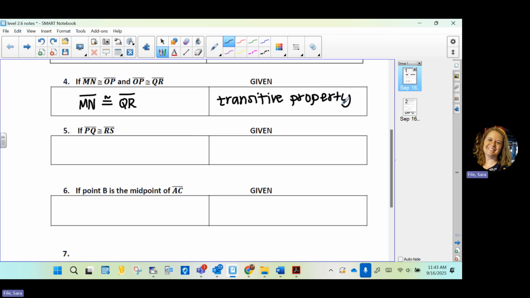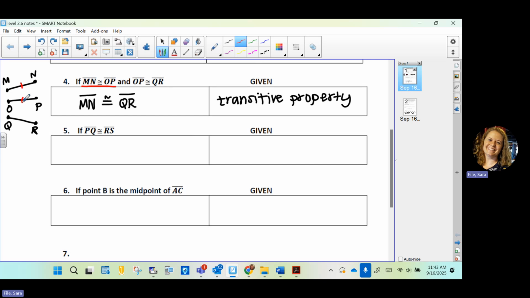If it helps you to have a picture, you could have line segment MN, line segment OP, and line segment QR. And what they originally told you was that MN is the same as OP.